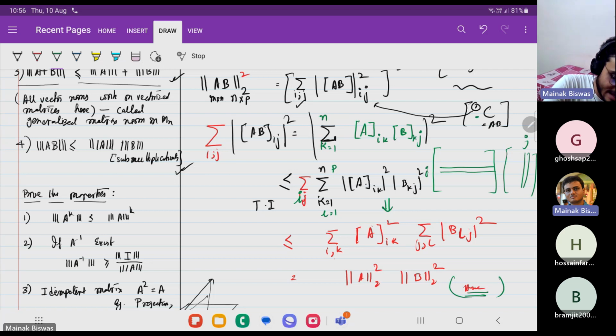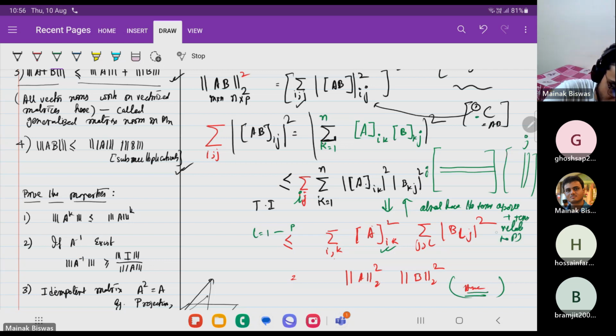Do you agree this will again be an upper bound or not? l equal to 1 to P. So I will be having more terms, right? This already has the terms above, plus terms related to P. Correct or wrong?